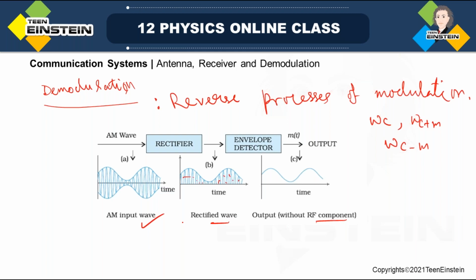So this is the amplitude modulated wave. This will pass through the rectifier. The rectifier gives a series of positive half cycles of radio frequency pulses, as shown in the figure.